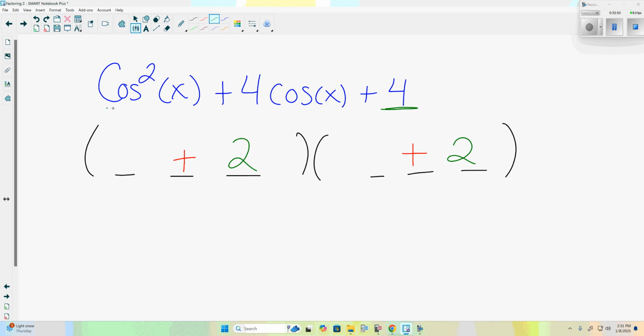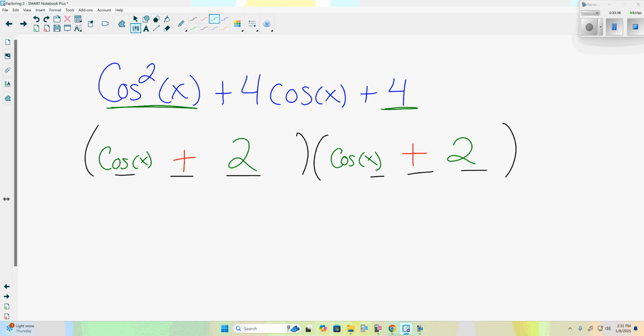Now, finding the factors of cosine squared seems like it's something that's odd and something that'd be hard to do, yes? When we square something, we're saying it's what? Multiplied by itself. So something that multiplies by itself, or two things that multiply together to give us cosine squared, is cosine and cosine, because cosine squared is just cosine times cosine, yes?